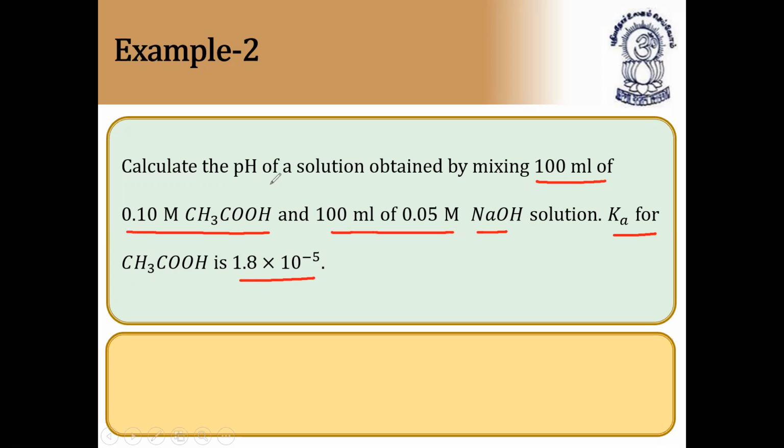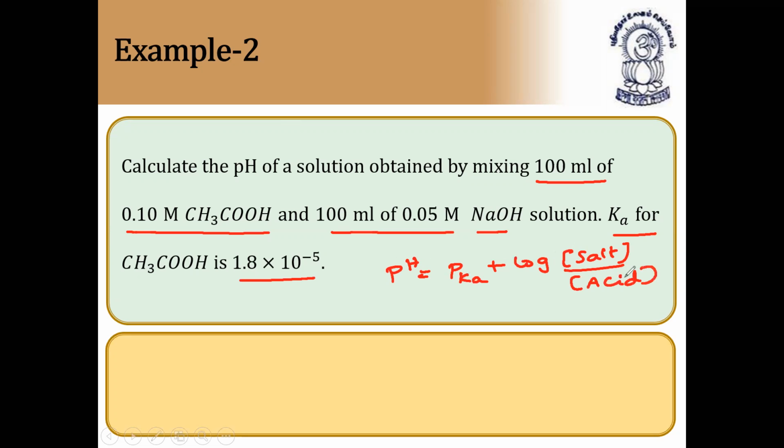They are asking us to find the pH of a solution obtained by mixing 100 ml of 0.1 molarity acid and 0.05 molarity base. When they are given volume and molarity, we have to substitute in the formula. I'll write the formula here. Please note it down. pH is equal to pKa plus log of concentration of salt by concentration of acid.